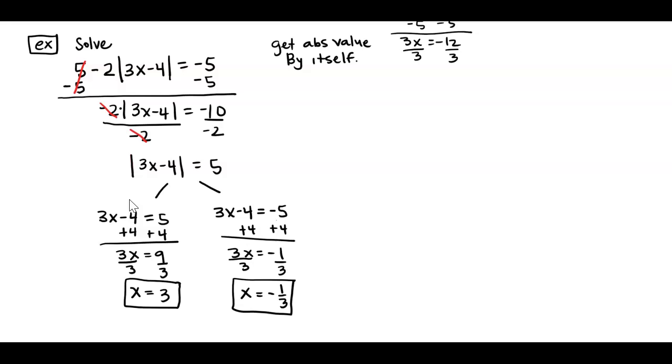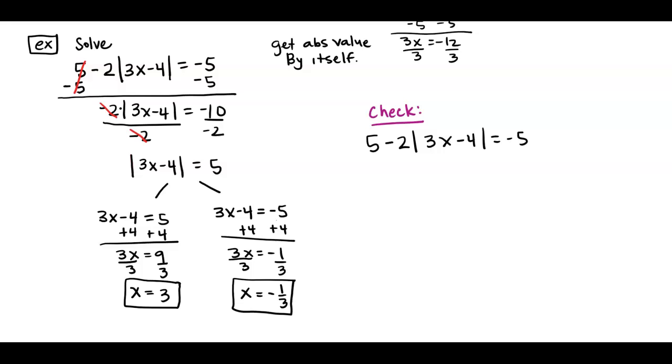And if I put those numbers back into my original problem, I could check them to make sure that they work. So let me just do the 3 first of all. If I put that back into the original, write down the original one first here: 5 minus 2 times the absolute value of 3x minus 4 equals negative 5.